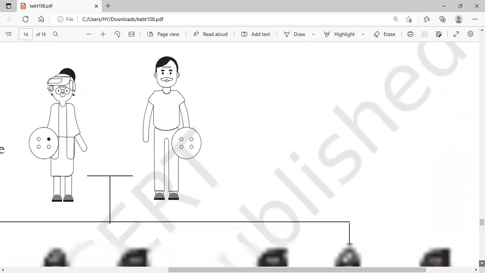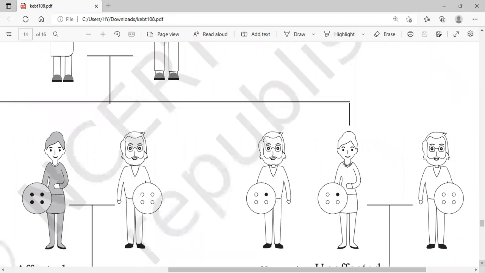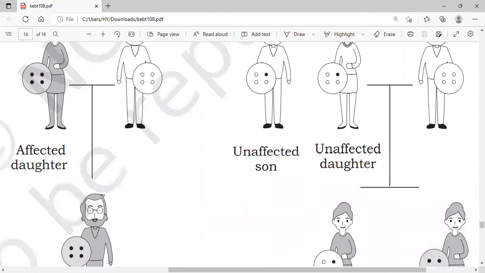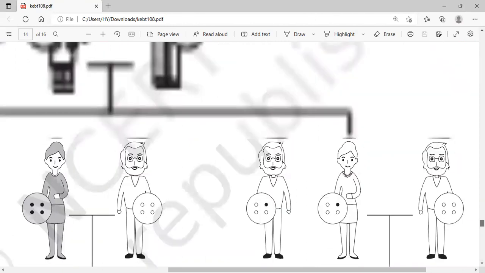और इस तरह से अगर माइटोकॉन्ड्रियल एंजाइम्स में कोई डिफेक्ट आ गया तो वो भी इनहेरिटेंस में पास ऑन होगा आगे. एंड आप देख रहे हो यहाँ पे अफेक्टेड डॉटर इनकी है फादर और मदर से. अनअफेक्टेड सन, अनअफेक्टेड डॉटर will be there, and the pedigree is shown for the mitochondrial disease.